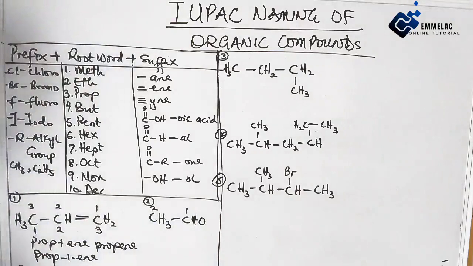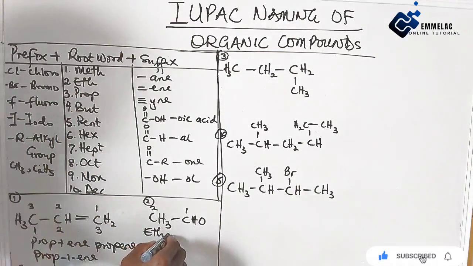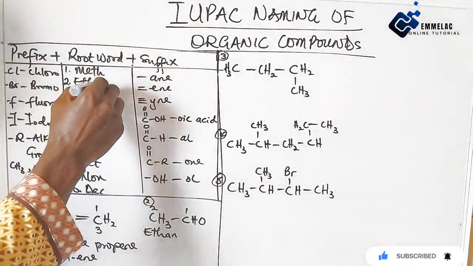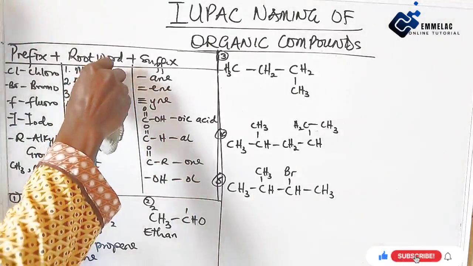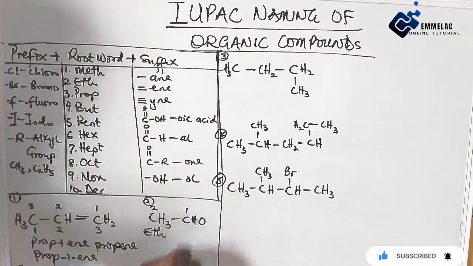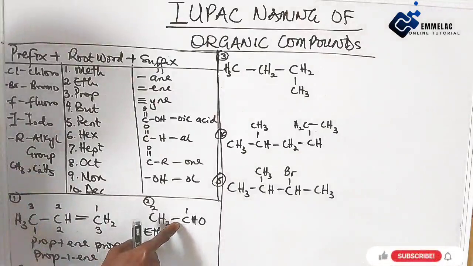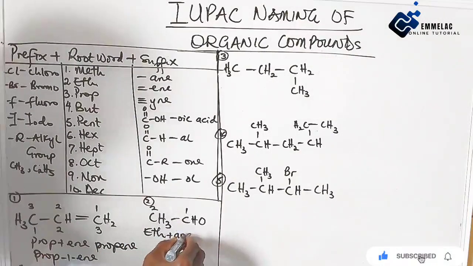So from here, 2 is eth. Since it's a single bond, you can say ane.